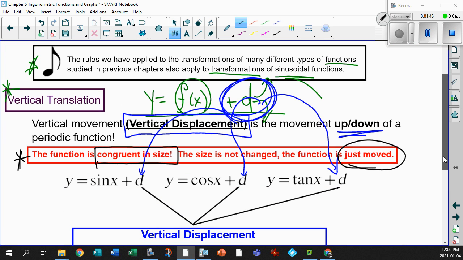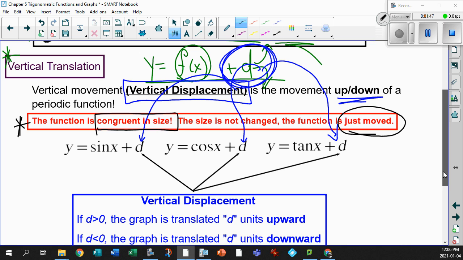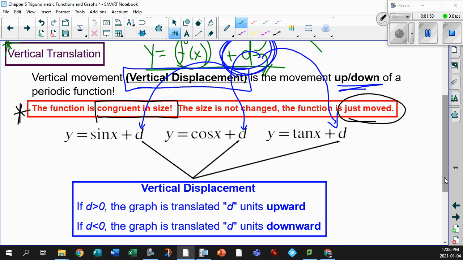Okay. So the question then, if that's the vertical displacement, you have to remember, if it's positive, it moves up. If it's negative, it moves down. But the point is, is there a special way of figuring out the d? Yeah, look at the original diagram. Remember this. Let's look at a sine one. You know a sine goes up and it goes down.